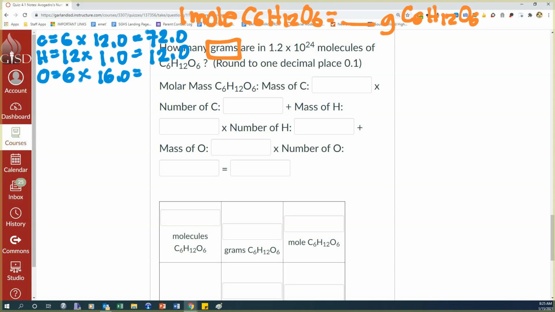And then 6 times 16 is 96. Add them all up: 96 plus 72 plus 12 is 180. So this is 180.0 grams of C6H12O6.